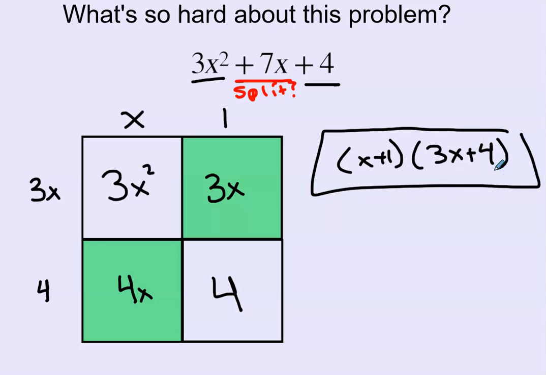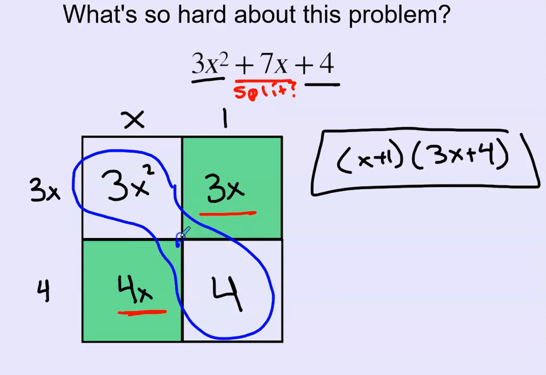That is my answer. Now the mystery is, how did I know to make those two boxes what they are? It's just a coincidence that these two boxes are both 3x and 4x. That's a little bit of a coincidence. What I want to point out, though, is 3x squared times 4 is 12x squared.